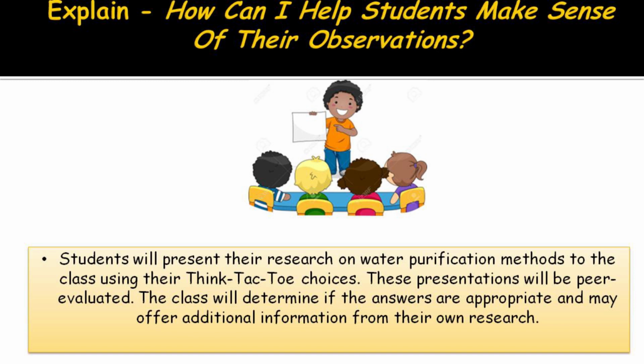All right. Now, students were expected, after researching those methods, to present what they found out. And they were to present it using different choices on the think-tac-toe activity. So based on what they understood, they could make their presentation.